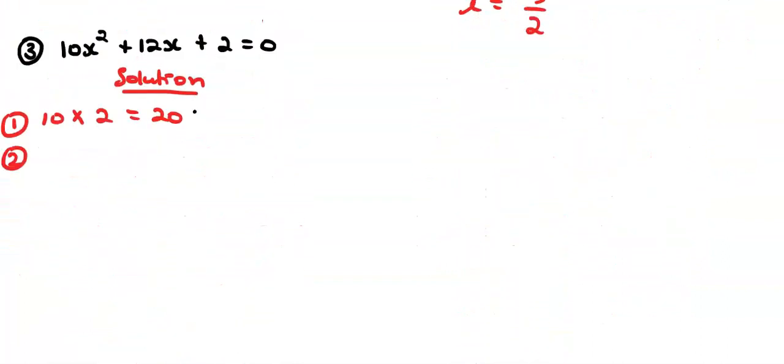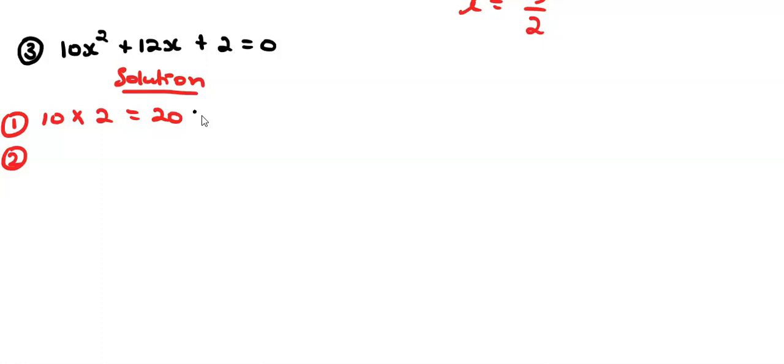For real. So we are looking at our third example of solving a quadratic equation using the factorization method. You can see on the board we have question number 3: 10x squared plus 12x plus 2 is equal to 0.